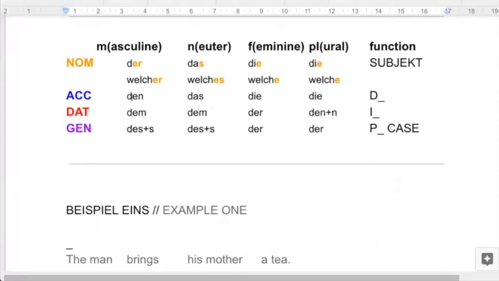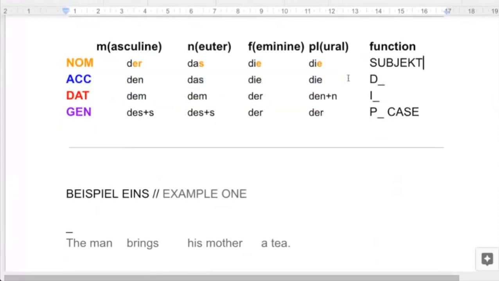The accusative is simply another set of endings. And if you take a look, let me delete this. Take a look, you will find that they are actually pretty much the same. The only difference you find is in the masculine.